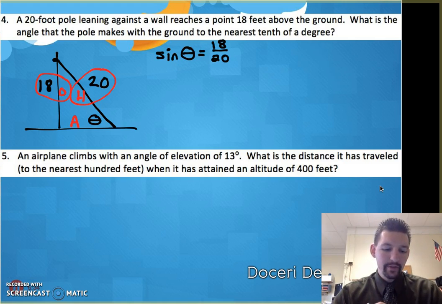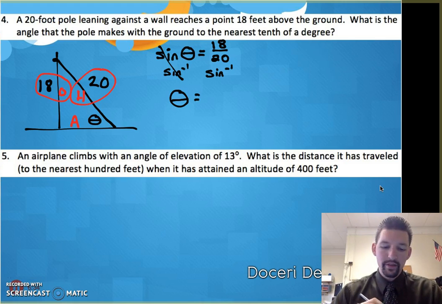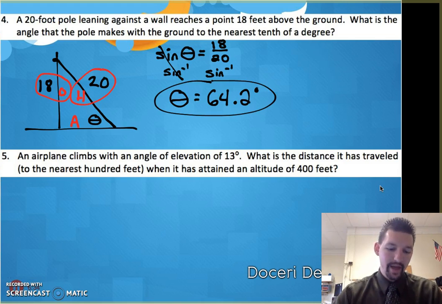So to do that, I'm going to use sine inverse, or sine negative 1, of both sides. And I'll be left with theta equals, when I put into my calculator sine negative 1 of 18 over 20, about 64.2 degrees as my angle measure. So that's saying that the pole creates an angle of 64.2 degrees with the ground.